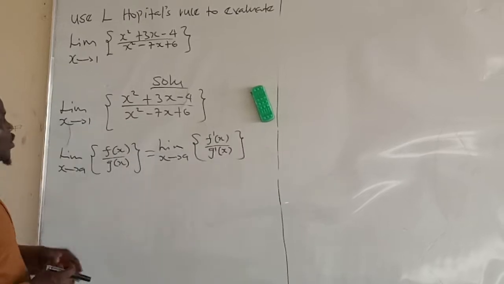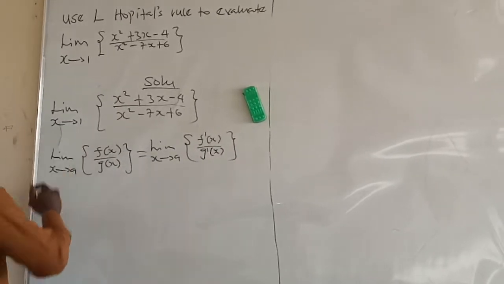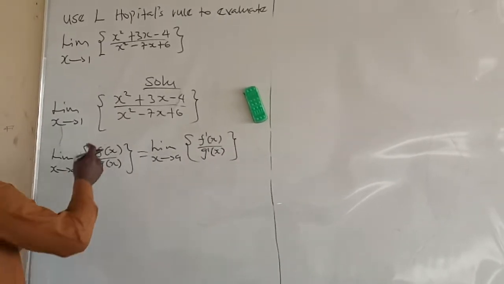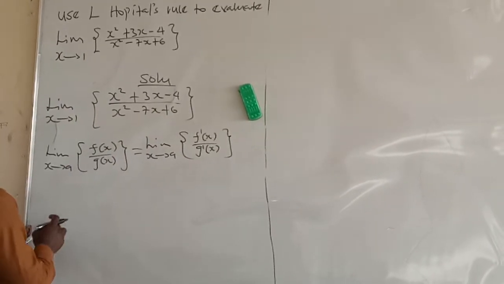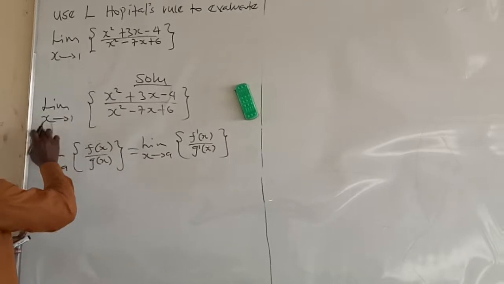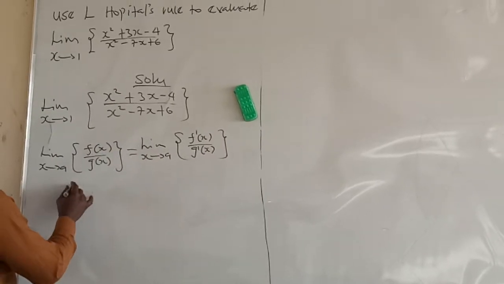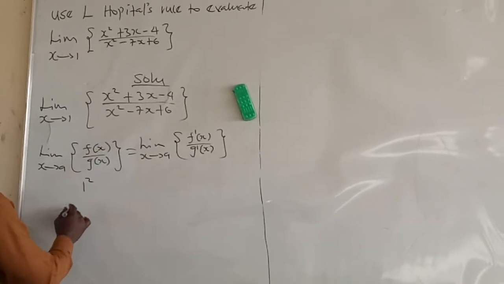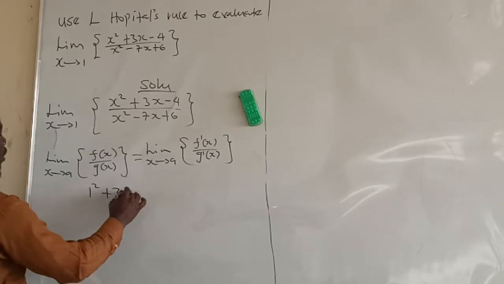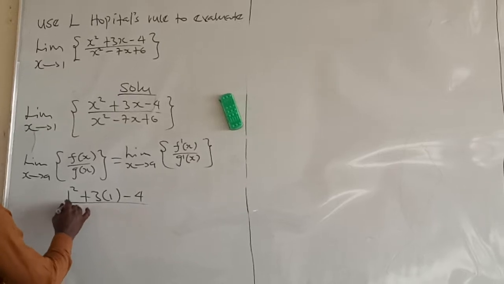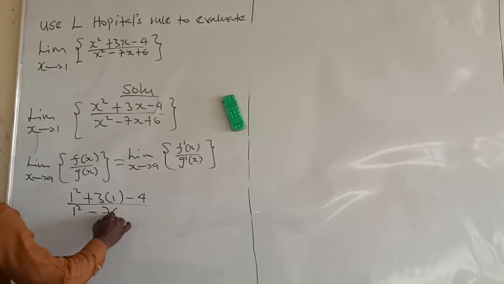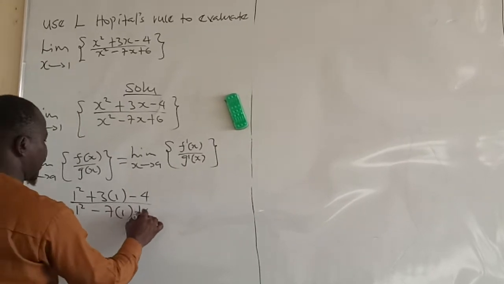If now we substitute in this value, x tends to 1, into both numerator and denominator, we get 1 squared plus 3 times 1 minus 4 all over 1 squared minus 7 times 1 plus 6.